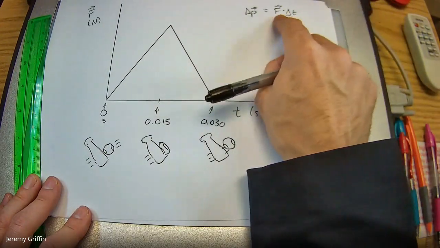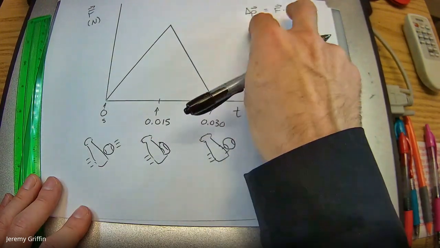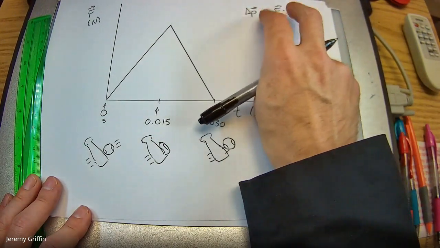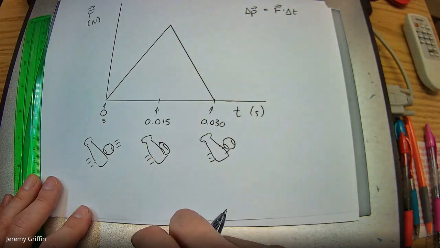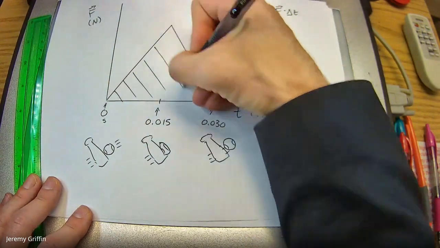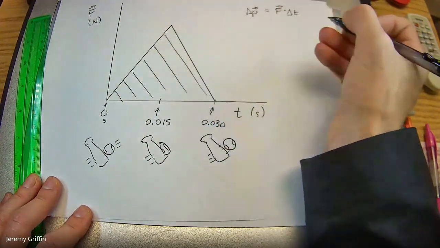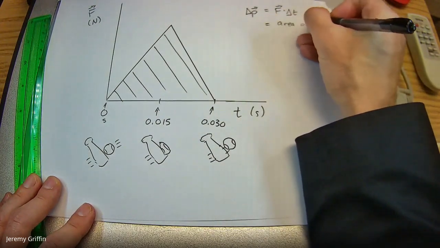That would be a rectangle shape, wouldn't it? And that's not exactly what I've given you. So maybe you have to expand on this a little bit. What property of this graph do you think represents impulse? An area of that triangle. Right, here's your delta P right here. So that's the area of that triangle.